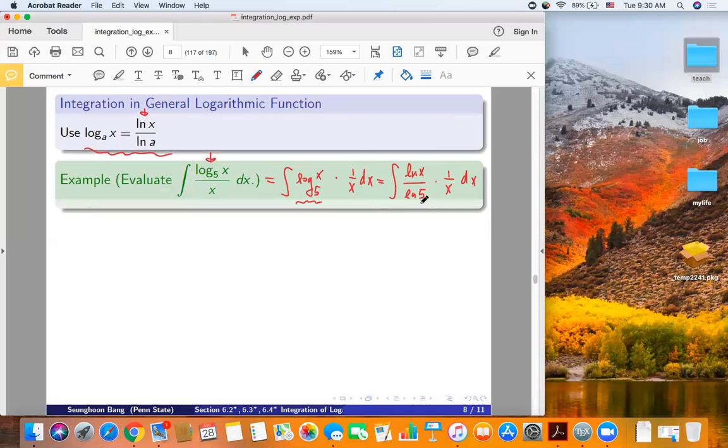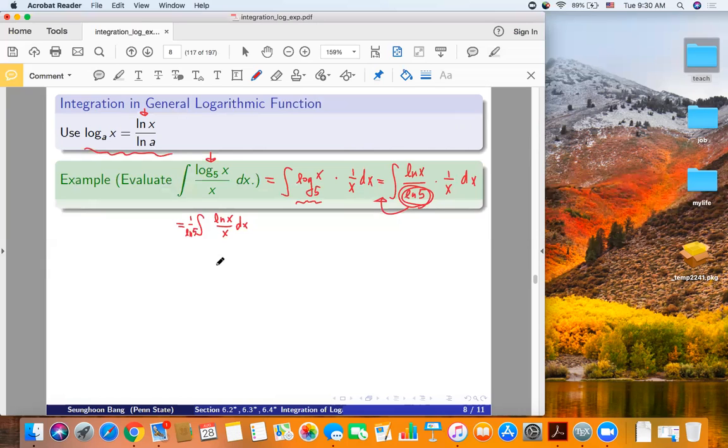Next, ln of 5 is a constant coefficient, so take it out. So we have the integral of ln of x over x dx, and take out 1 over ln of 5.